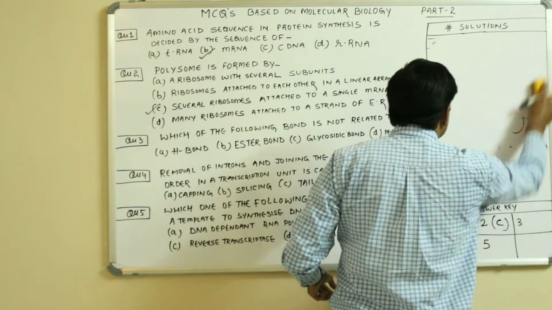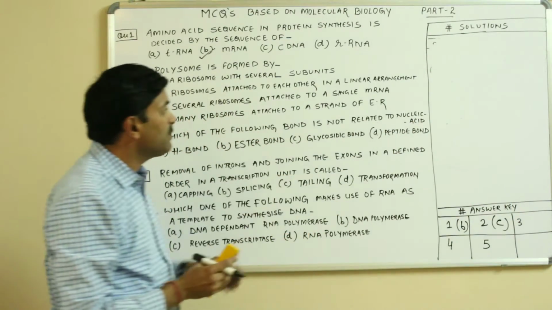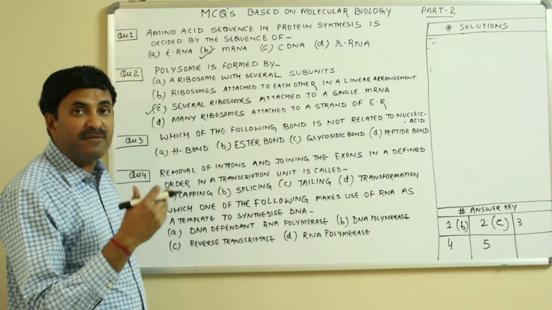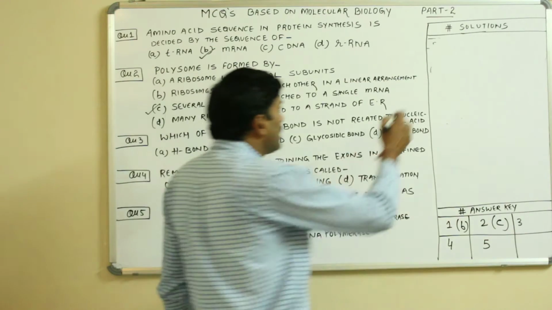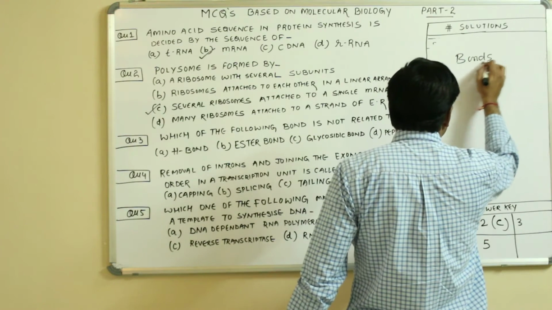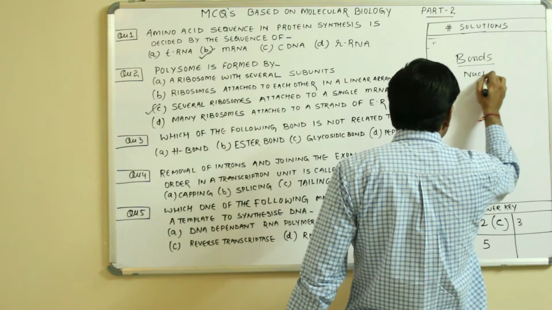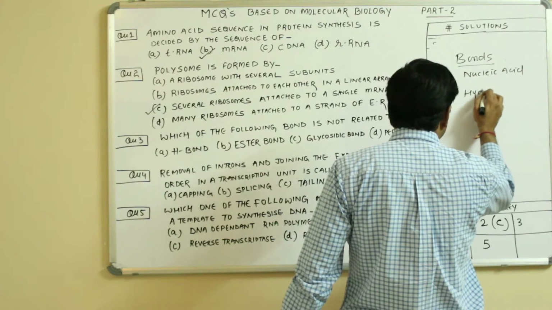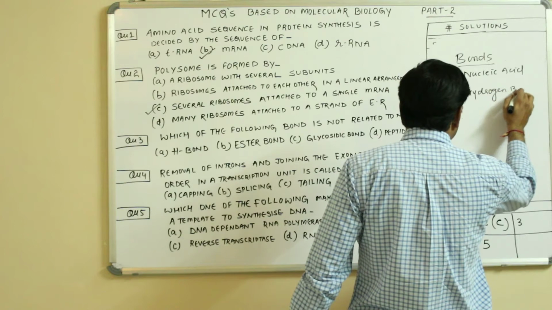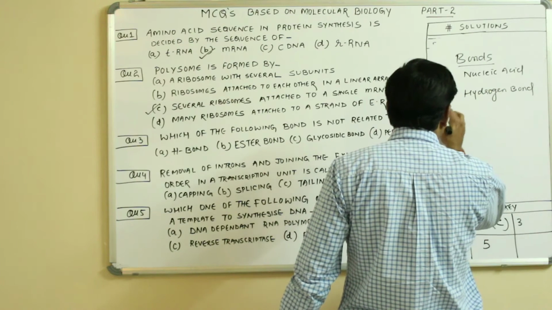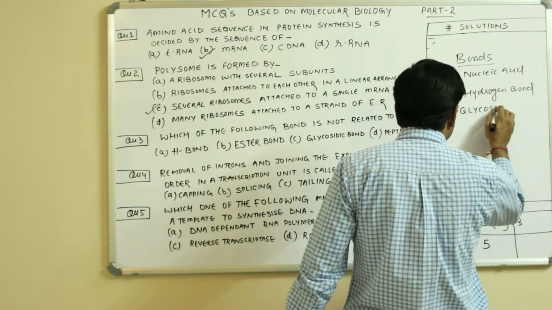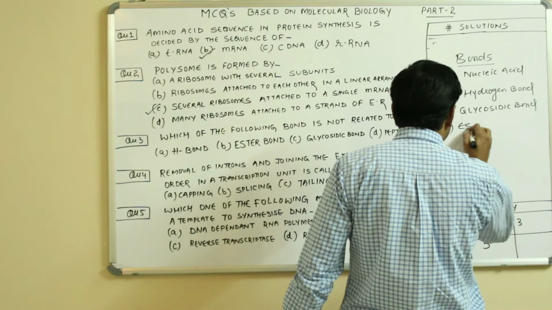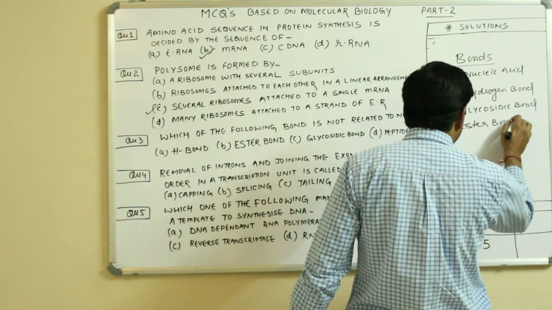Now the next question is: which of the following bonds is not related to the nucleic acid? Now when we study nucleic acids, we study the different bonds, and the major bonds found in nucleic acids are, first, the hydrogen bond, the second, the glycosidic bond, and third, the ester bond.